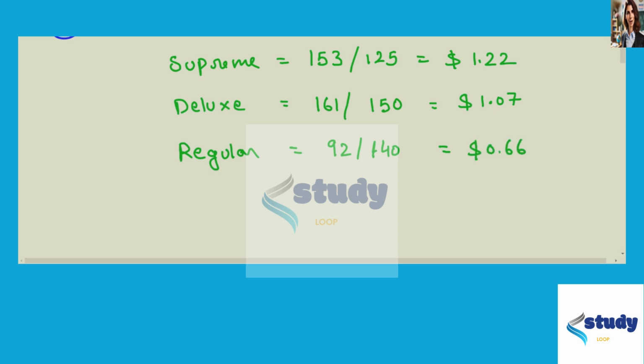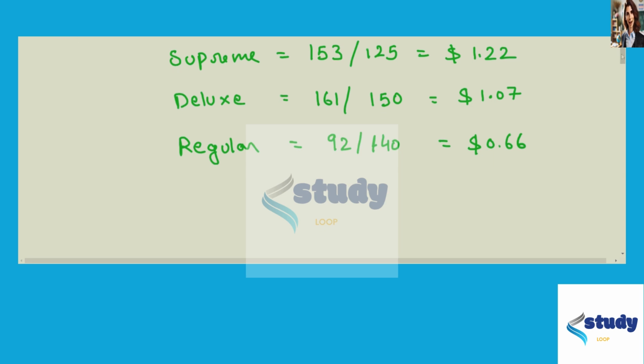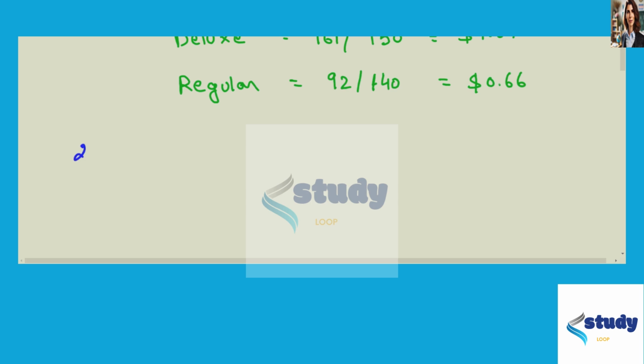$0.66. Now moving to the next part of the question, which says that suppose in August 2017 production was 150 million units for Supreme. So we'll take over here the second part. Here units are changed. For Supreme it is given 150 million units.